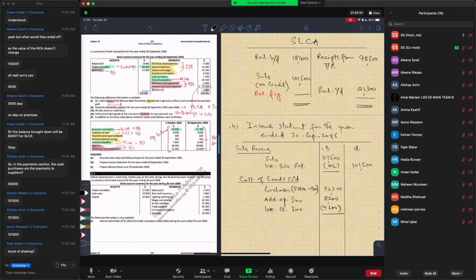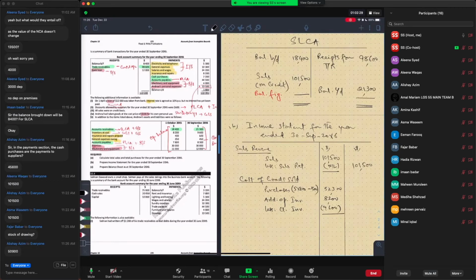Yes, we have the stock drawings, and we implemented them this way. So now we can calculate the accurate value of cost of goods sold. What's that? Sir, 50900. 50900, thank you. 50900, and that is our cost of goods sold, and we get the gross profit here now.